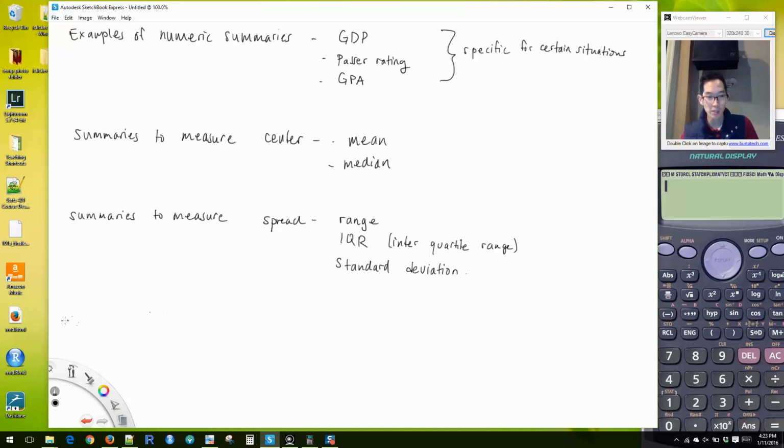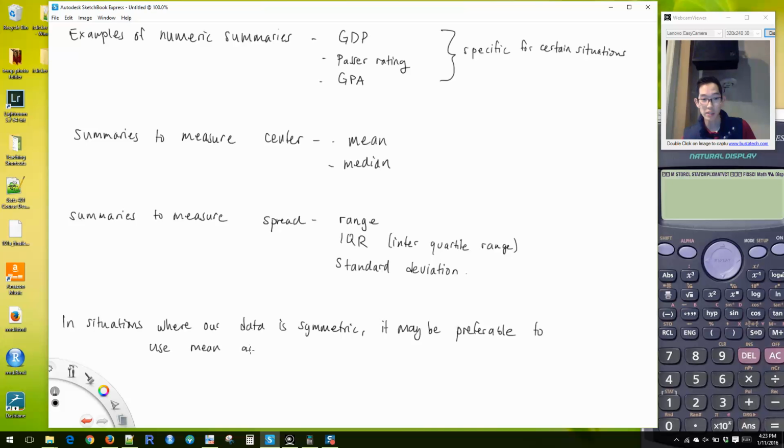So in situations where our data is symmetric, it may be preferable to use mean and standard deviation.